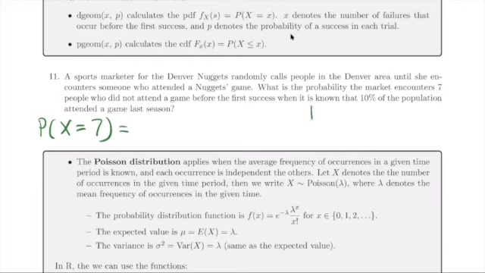So the outcome here would be fail, fail, fail, fail, fail, fail, fail, 1, 2, 3, 4, 5, 6, 7, and then the first person says, yes, I did attend the game. So the ordering is very important when we're thinking about these geometric distributions.